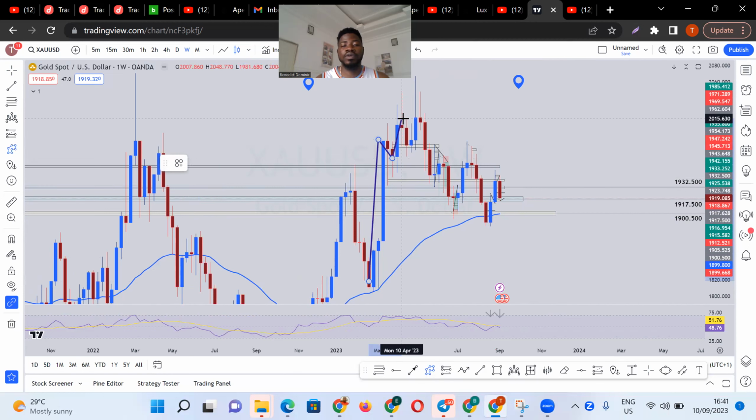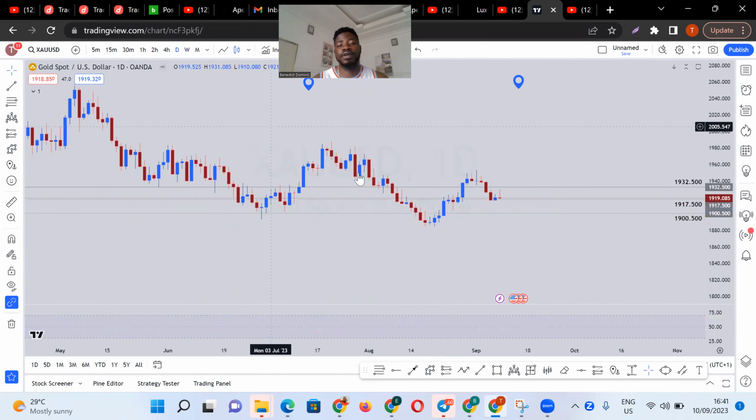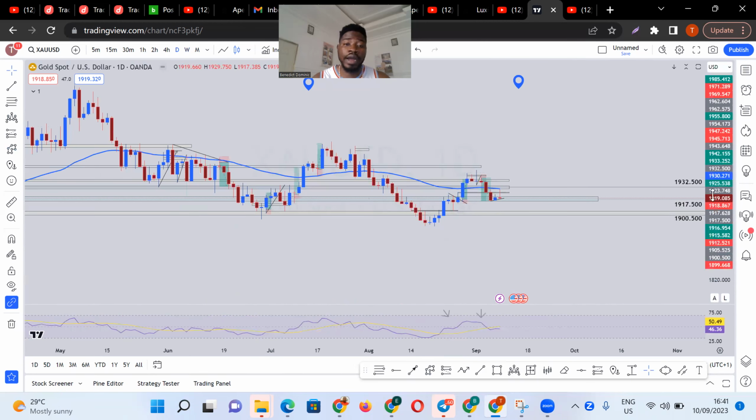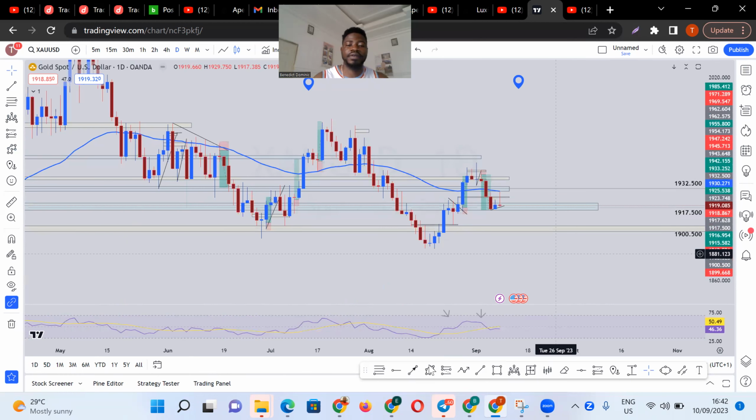This is higher low, higher high, higher low. It started making lower low, lower high, lower low. Bearish, yes. On daily time frame, we are bearish. You know why? This is lower low.